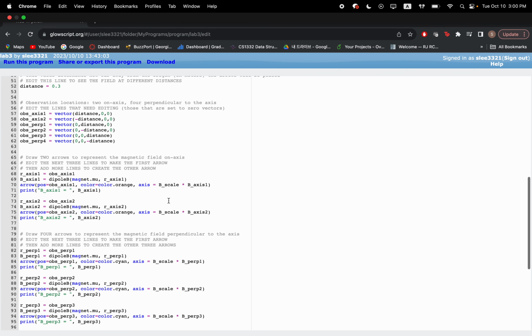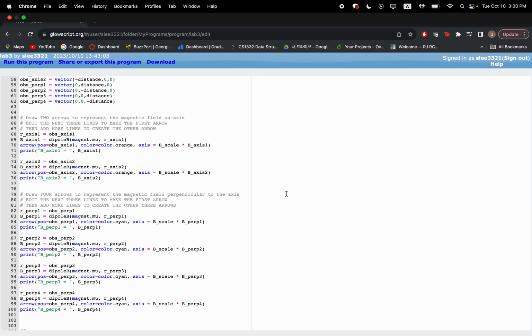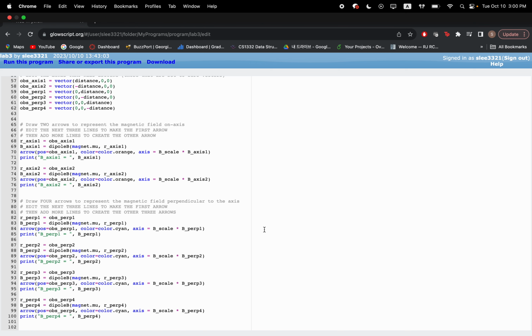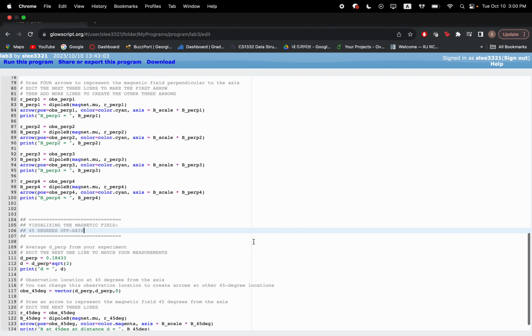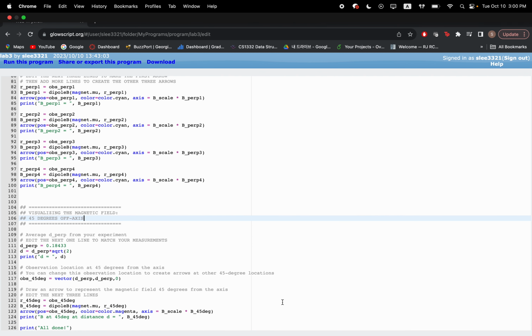And these lines of code are for displaying the arrows of the magnetic field on axis, and there are also arrows on the perpendicular axis. And this final line of code is to visualize the 45 degrees off axis magnetic field.